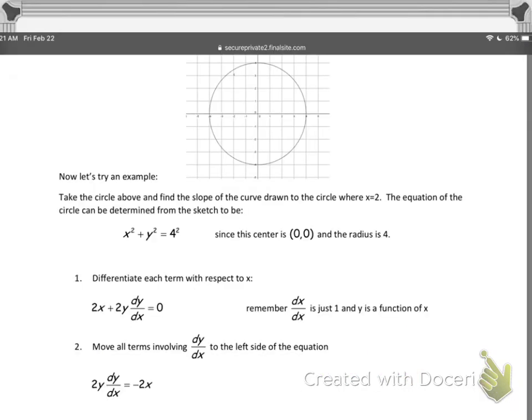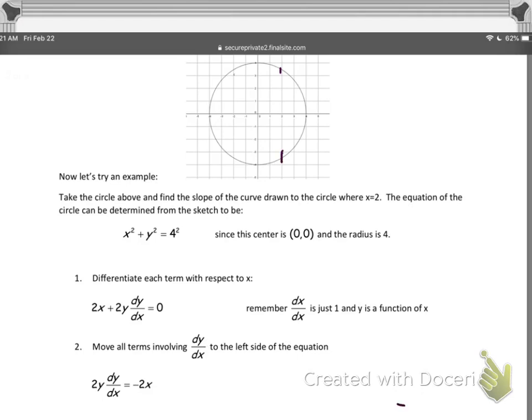Okay, I want to take a moment to talk about this circle. So look at the problem. It says take the circle above and find the slope of the curve drawn to the circle where x is 2. Okay, so x is 2 here, and also right here.